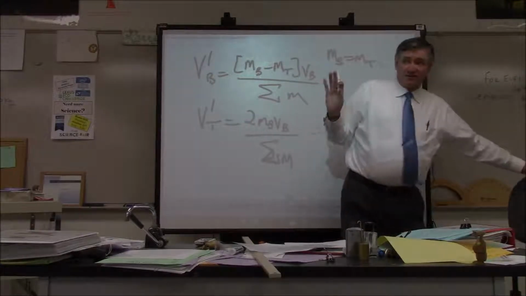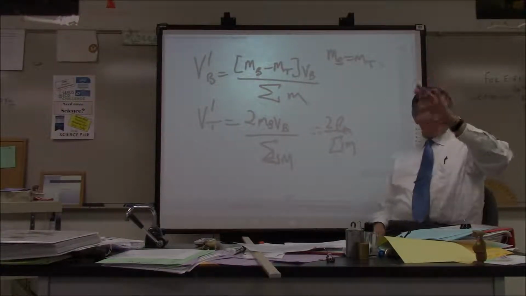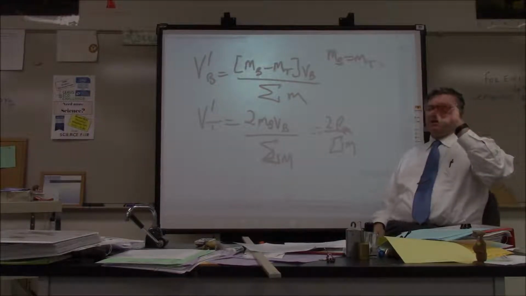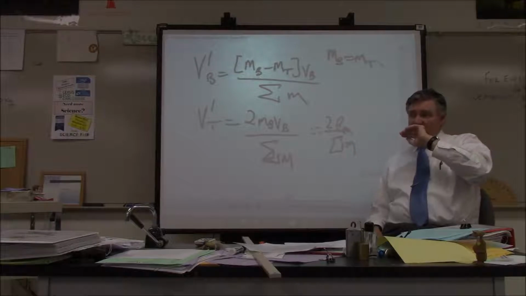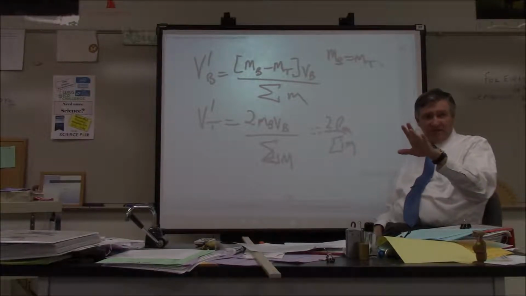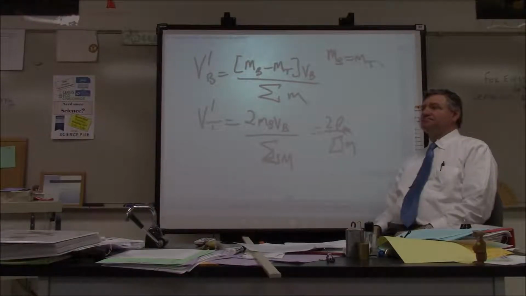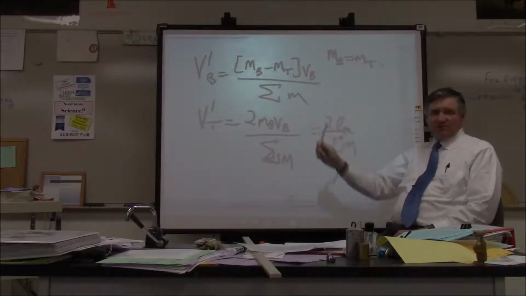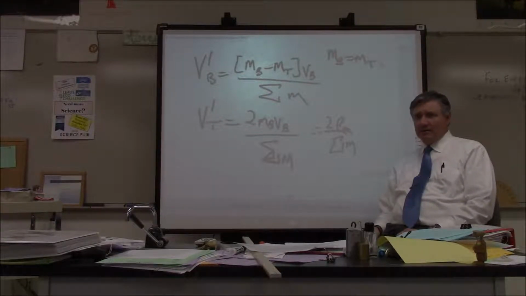So let's say the bullet has a mass of 5 grams and the target has a mass of 5 grams. If those two numbers are the same, what becomes the new velocity of the bullet? 0. Why? Because it just stops.